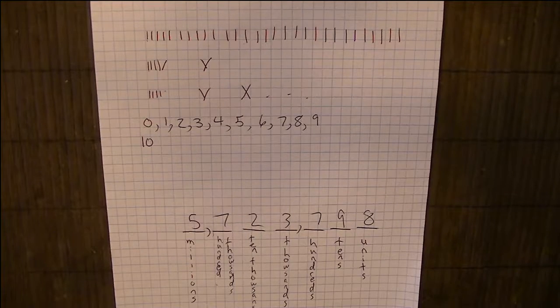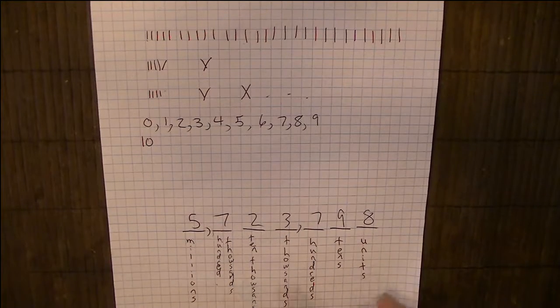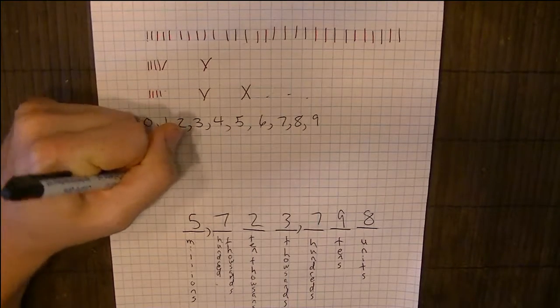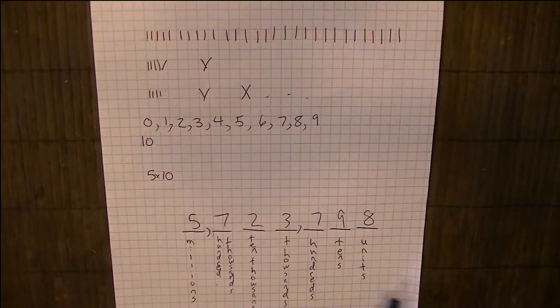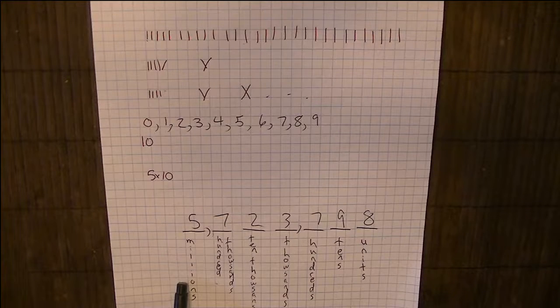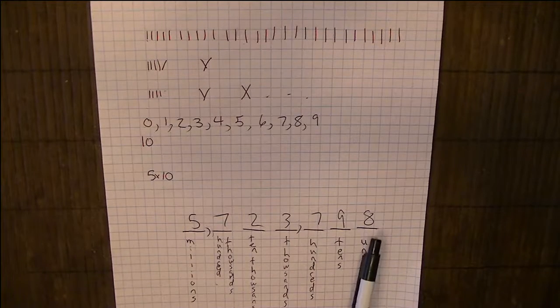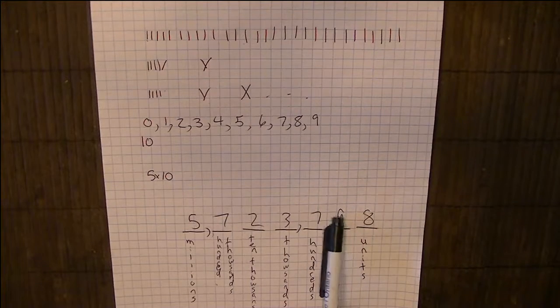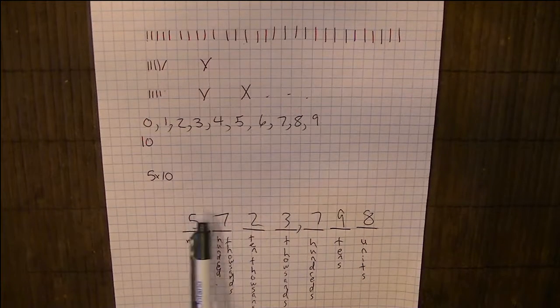All right, excellent. So that is the beginning understanding of how these numbers are. Okay, so if we wanted to write this out in long form, we could say this is 5 times 10 to the power of... now, how much is this? This is millions, so this is 10 to the power of 1, 2, 3, 4, 5, 6.